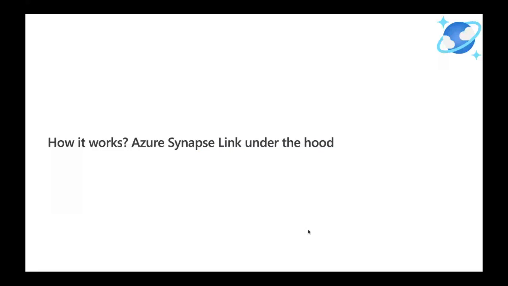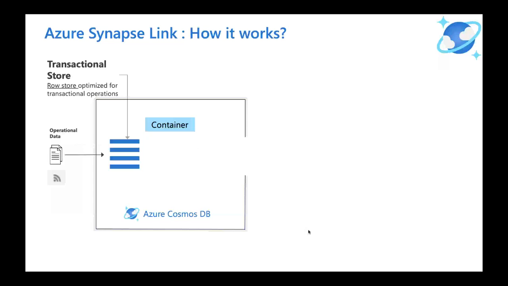How does it really work behind the scenes, right? So like I said, all your operational data in Cosmos DB is internally stored within what you call a row-oriented transactional store, okay? Now this is optimized for transactional reads, writes, and all those operational queries. So this is something which customers and developers have been using since the very beginning of Cosmos DB.